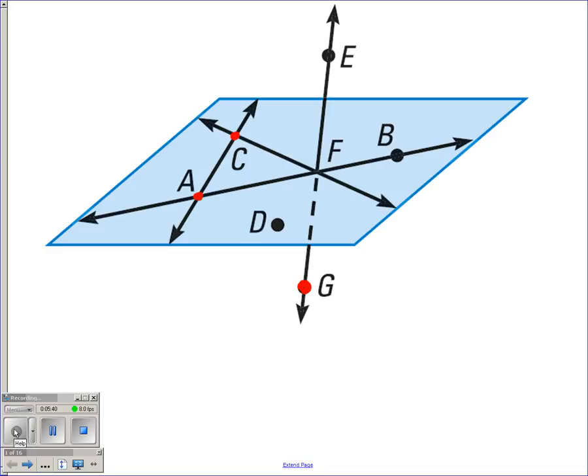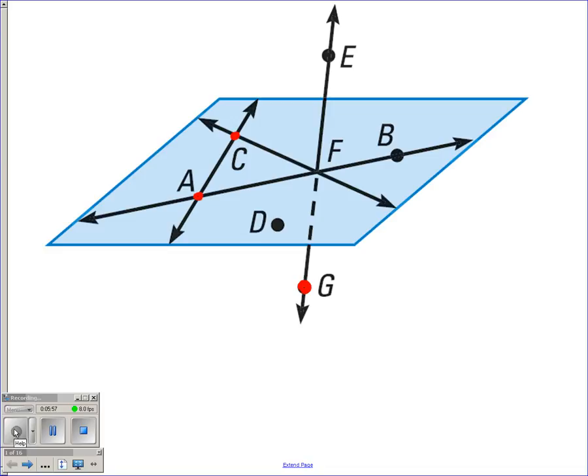It's not asking, are they in this plane ABC, the blue one that's pictured? And that's the reason why most people would miss this, is because they would say, no, G is not in the same plane as A and C. It's not in the blue plane.